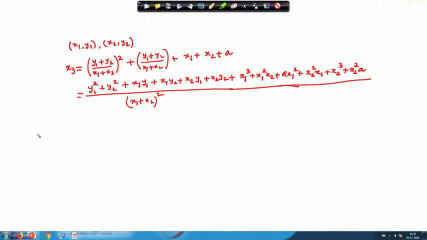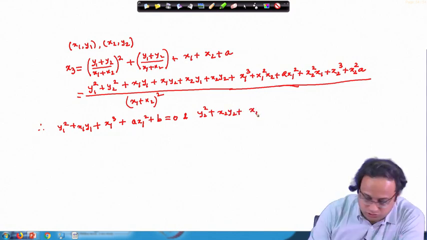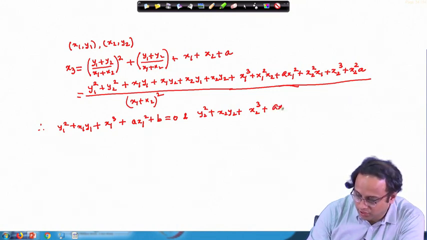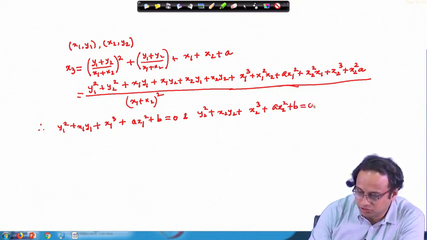Since they are points on the curve, I can write that y1 square plus x1 y1 plus x1 cube plus a x1 square plus b is equal to 0, and likewise y2 square plus x2 y2 plus x2 cube plus a x2 square plus b is equal to 0.